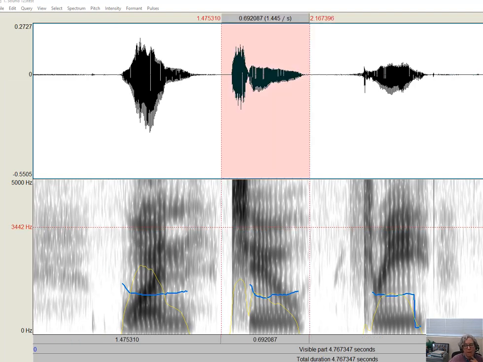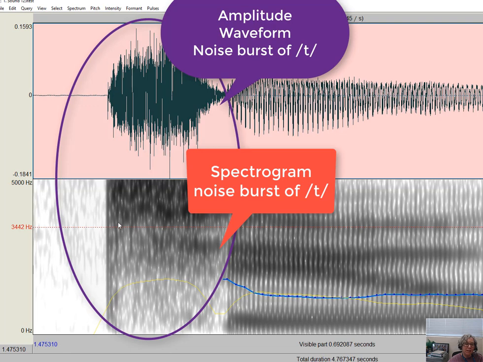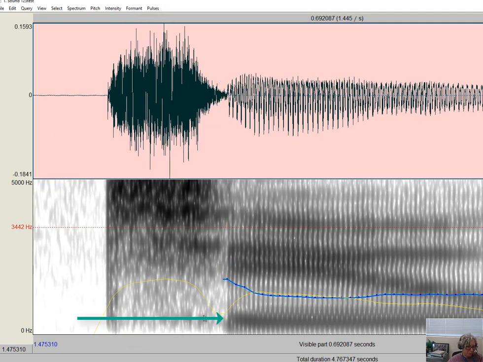So now I have selected the OO in 2, and if I want to really look at that selection, what you see here is the T, that's the stop. You do not see a voice band here, which is pretty cool because there's no voicing in the T. And then all of a sudden when I start to produce the OO, you see my voicing band here.